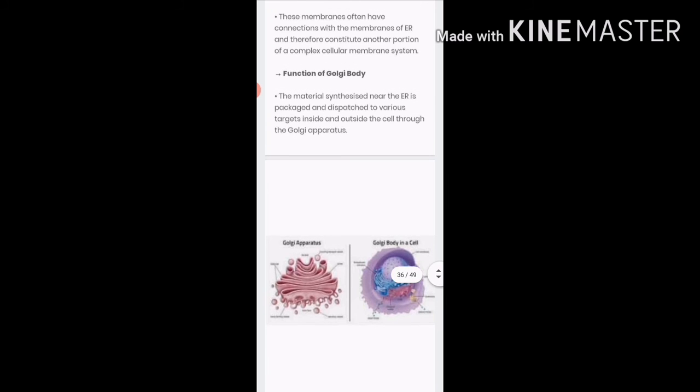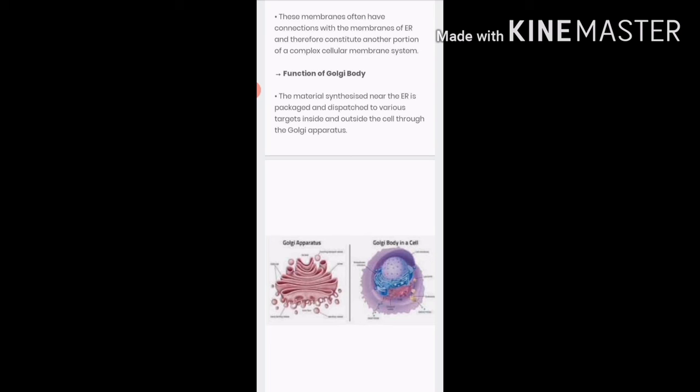So what happens is, in the function, these membranes are often connected with each other, and they are also connected with the endoplasmic reticulum. So whatever the portion has to be supplied or transported will be done with the help of Golgi apparatus also. Let us see the function of Golgi body.